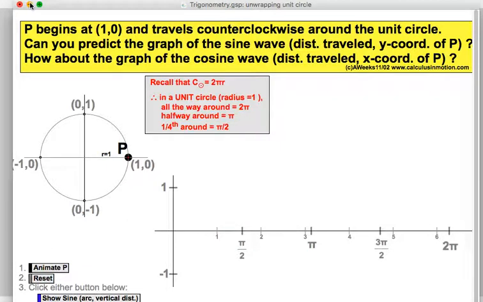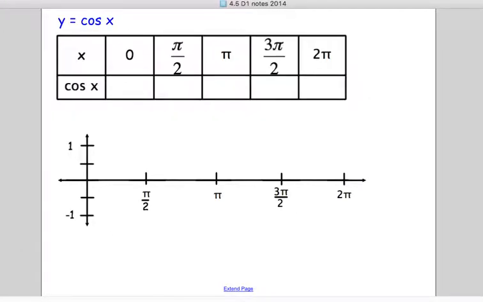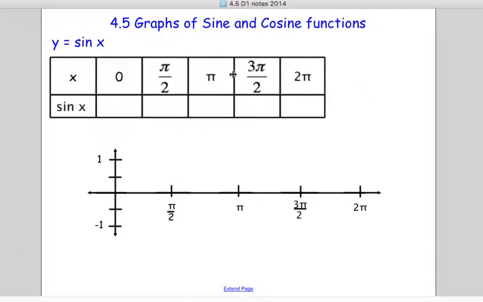All right, so we are going to learn how to graph these by hand. So what I want you to get used to is the idea that all we're really using is the point 1, 0, the point 0, 1, -1, 0, and 0, -1.